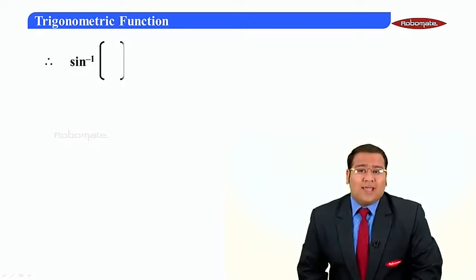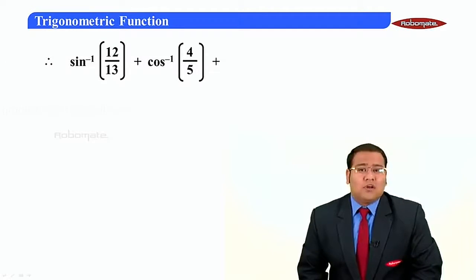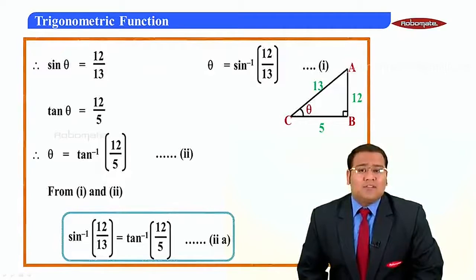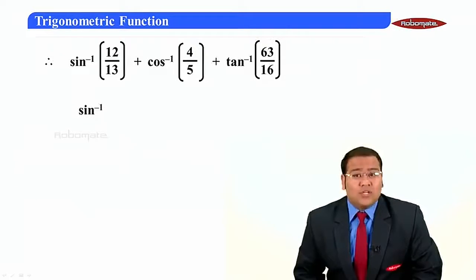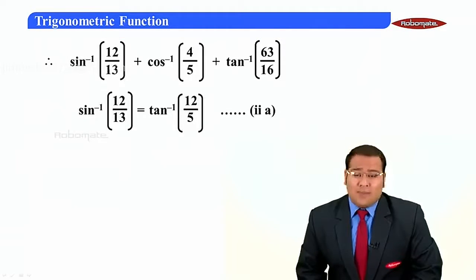Therefore I can say that sine inverse of 12 by 13 plus cos inverse of 4 by 5 plus tan inverse of 63 by 16 can be written as, you remember, sine inverse of 12 by 13 is equal to tan inverse of 12 by 5. I had said you mark this equation. So we can write sine inverse of 12 by 13 as tan inverse of 12 by 5.